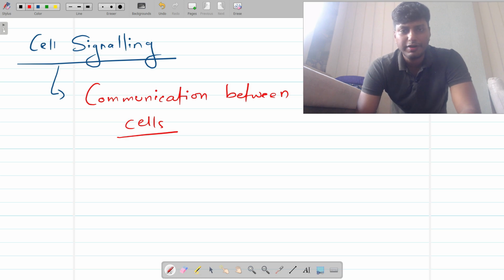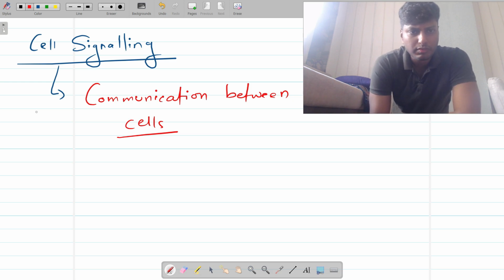So essentially when we talk about cell signaling, we mean that there are some special signals which are given to the cell, and based on that particular signal the cell shows a response.